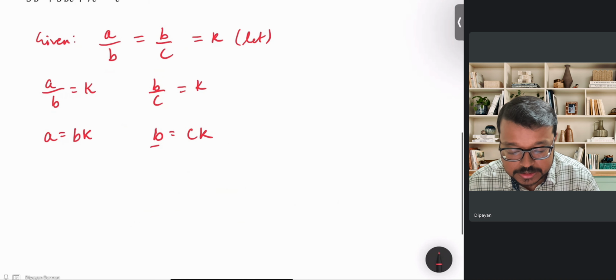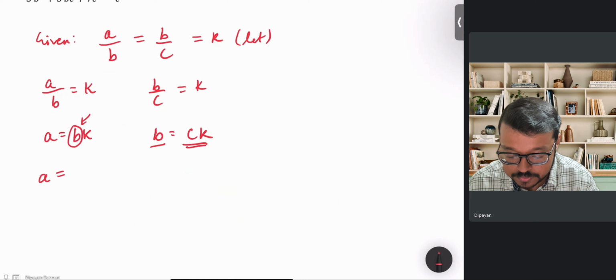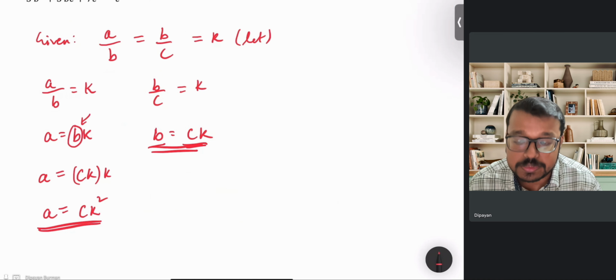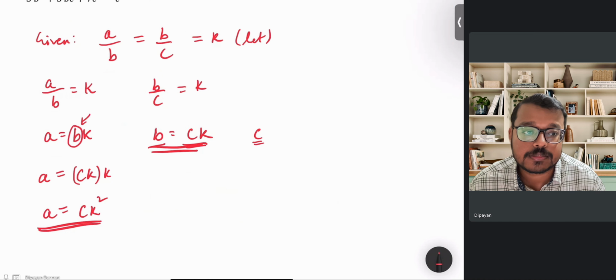Now since B is equal to CK, this B that I have here, I will substitute as CK. So I will get A equals CK into K, which will give A is equal to CK square. So wherever I have A, I will replace with CK square. Wherever I have B, I will replace with CK and C will remain as C.